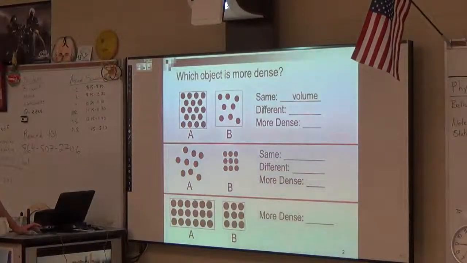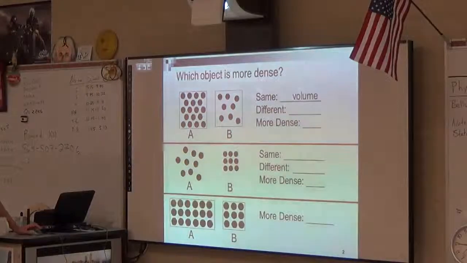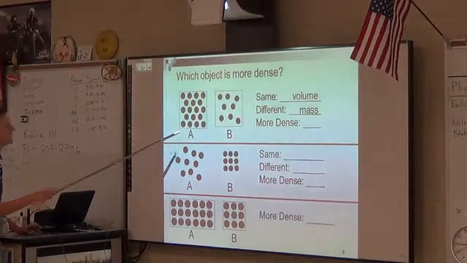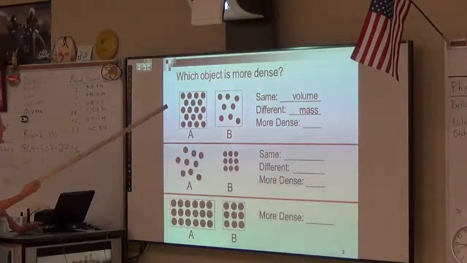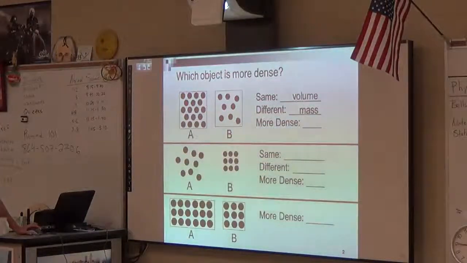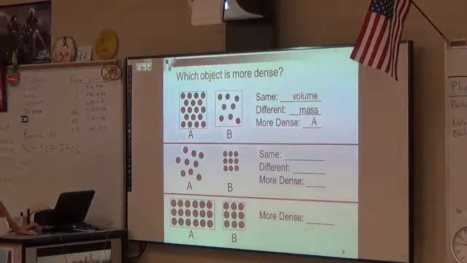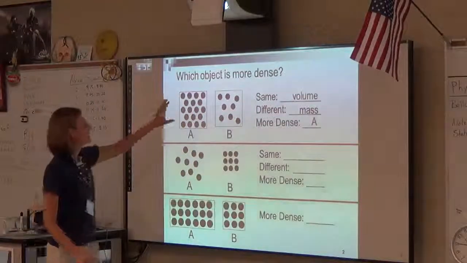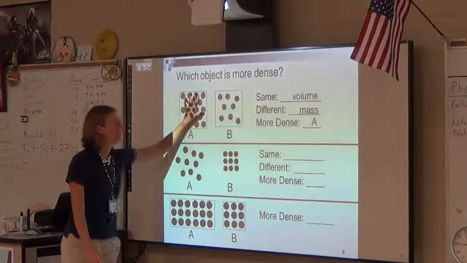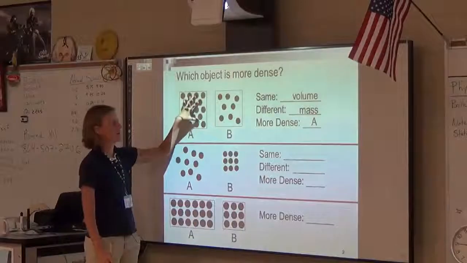I'm trying to indicate they're the same volume. But they must have different mass. Or at least I'm trying to indicate they have different mass. So if that's the case, the more dense object would have to be A, because it has more mass per the same amount of volume.